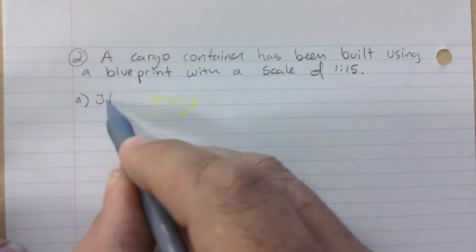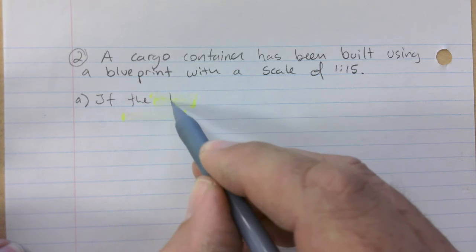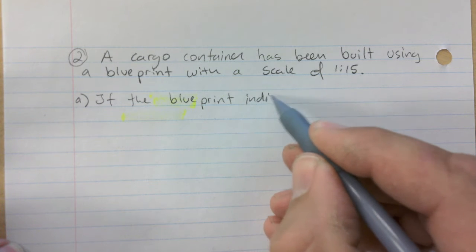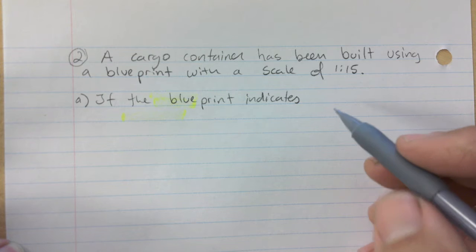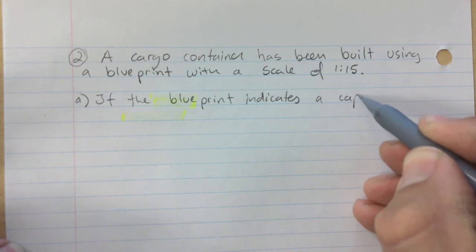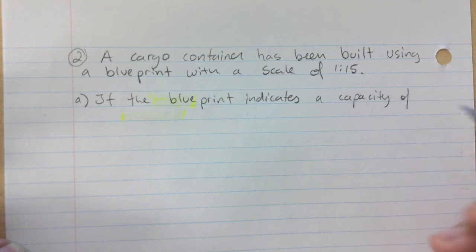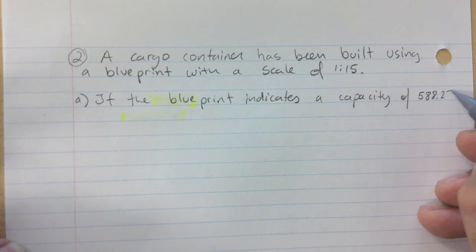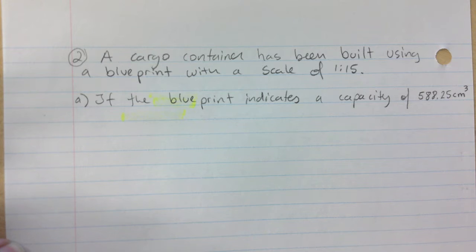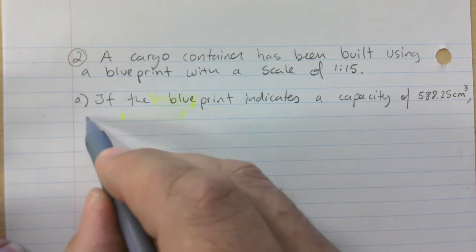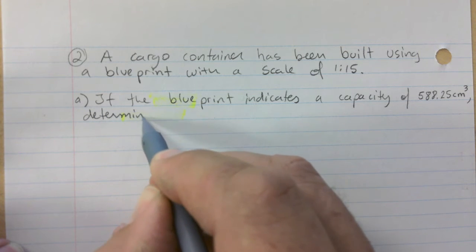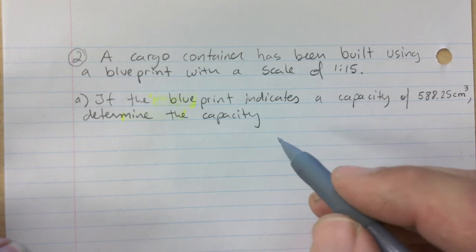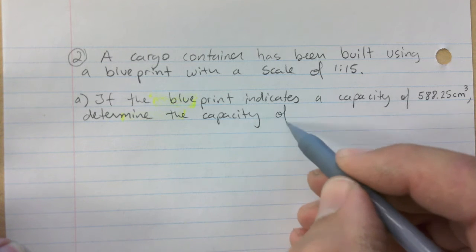A. If the blueprint indicates a capacity of 588.25 centimeters cubed, determine the capacity of the actual container.